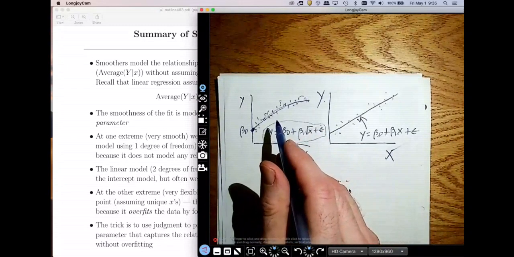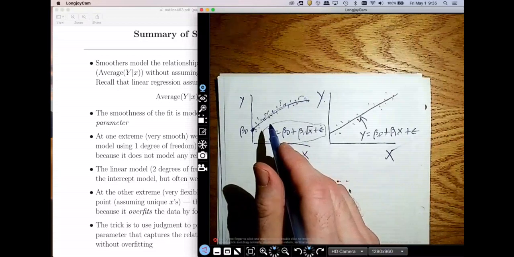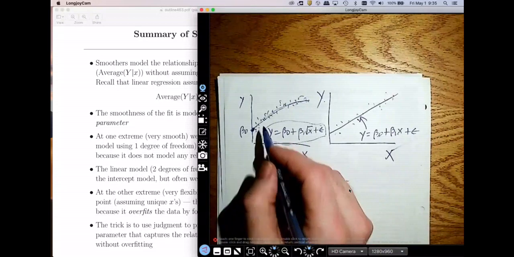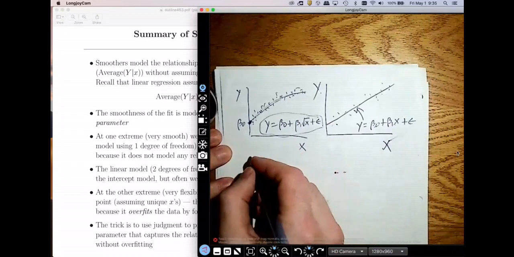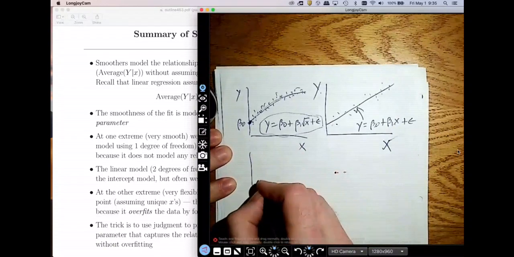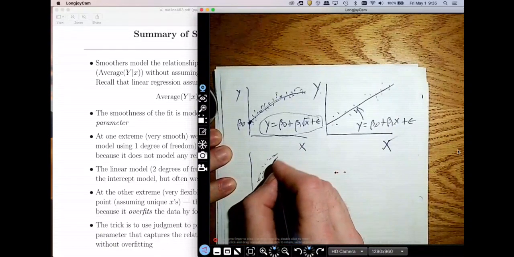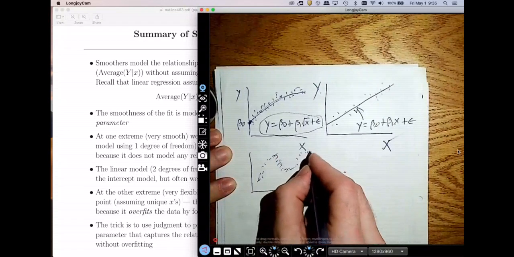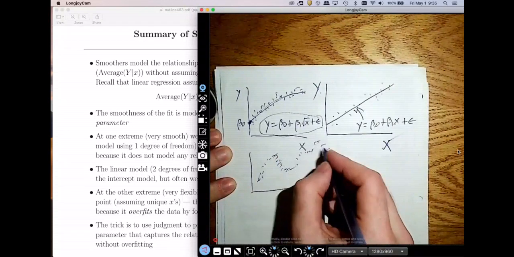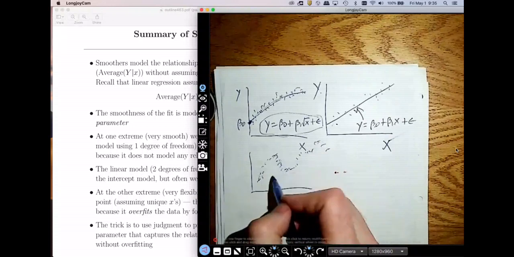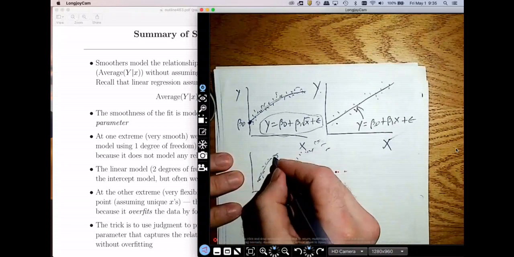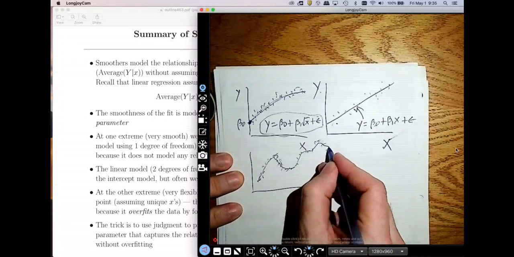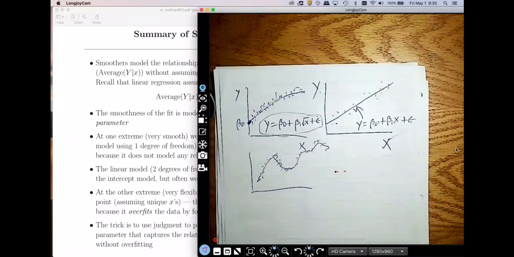It's a very flexible function that's capable of detecting any relationship. I mean, it could be a very weird relationship that's like this, and my non-parametric method would automatically detect, I think the real relationship looks like this. All right, so that's our goal.